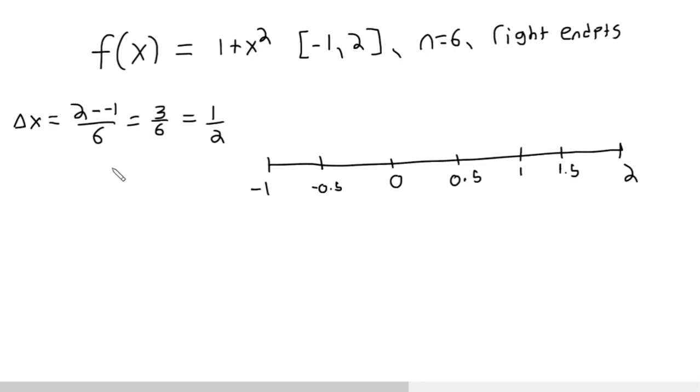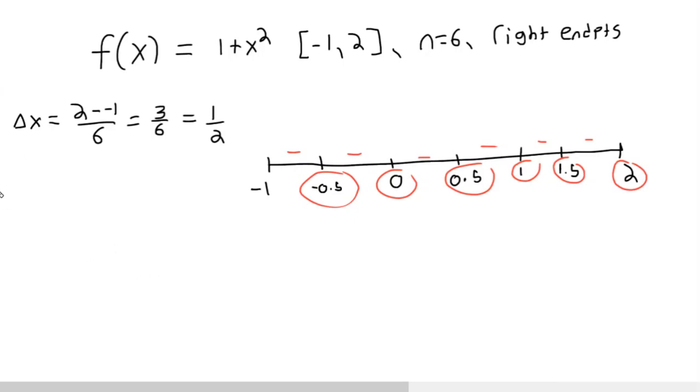Okay, so now I just have to determine which ones I'm going to pick. Well, I'm using the right endpoints of each of these little subsections. So I'm going to pick this one, this one, this one, this one, this one, and this one. So I'm picking these 6 right here.